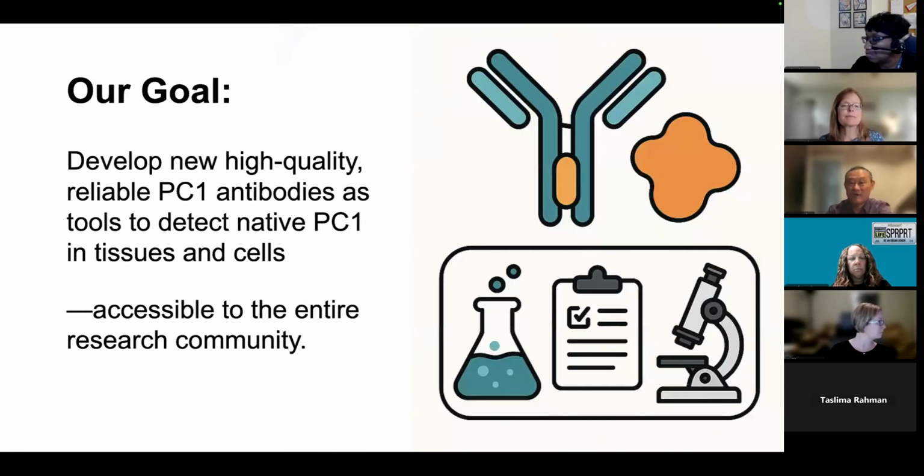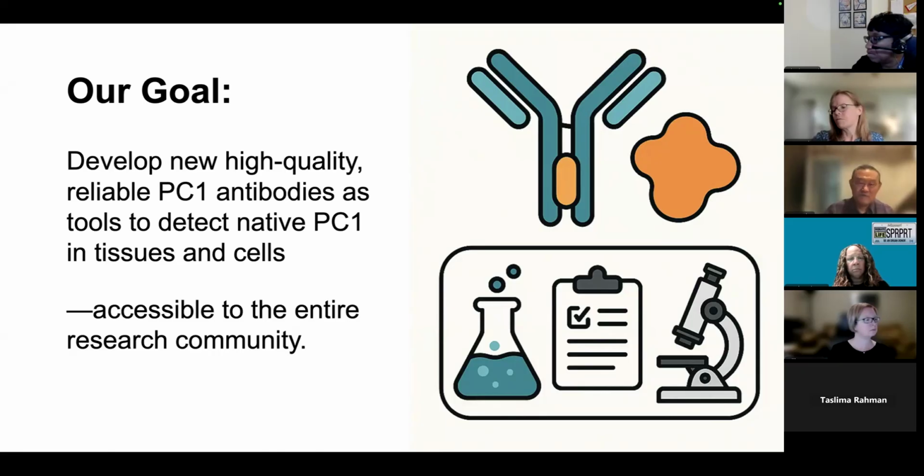So our core has this particular goal, the major goal, really to develop new, high quality, reliable PC1 antibodies as a tool to detect native PKD1 in our tissue and cell. And once we have it, we can make it accessible to the entire research community, because other people are not going to do it.